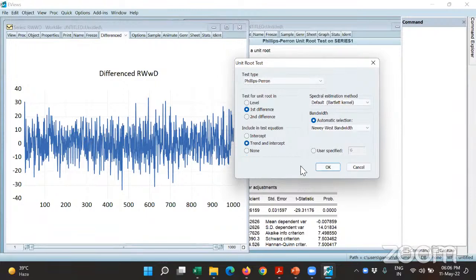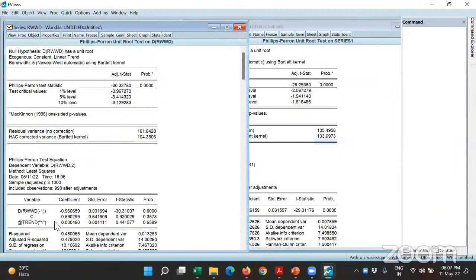So I went for the trend and intercept, and I'm still doing trial and error. I click OK, and I find that my trend is not a significant coefficient. So opting for trend in my equation is not a wise choice which I have made, and I must not be using the trend-based testing procedure.